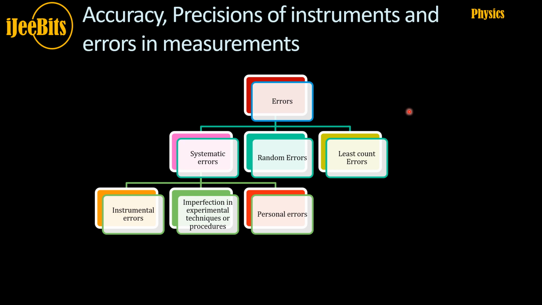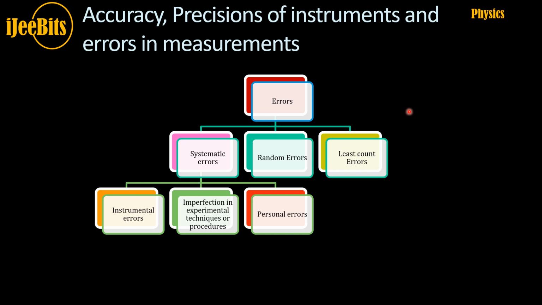When you say errors, we have to look at what is meant by systematic errors. Errors are classified as systematic errors, random errors, and least count errors. Systematic errors are those that tend to be in one direction, either positive or negative.